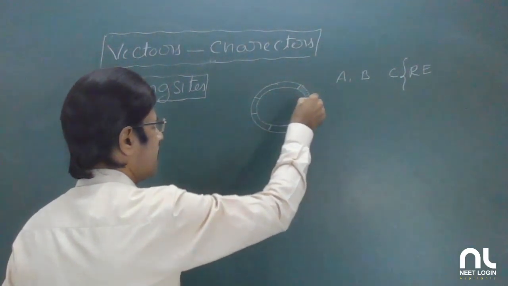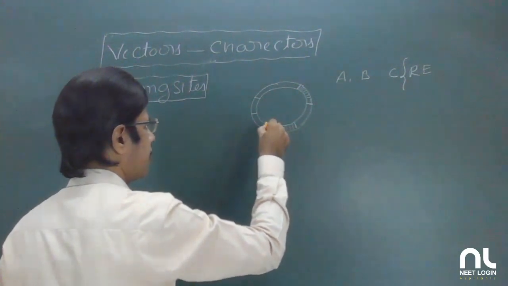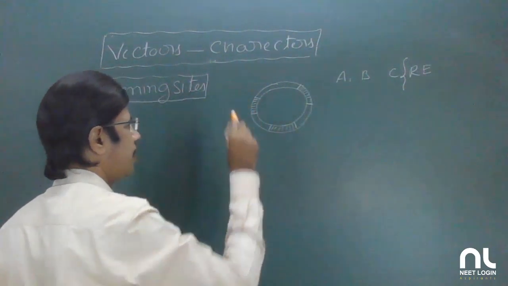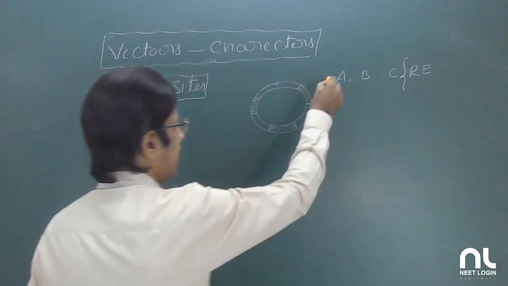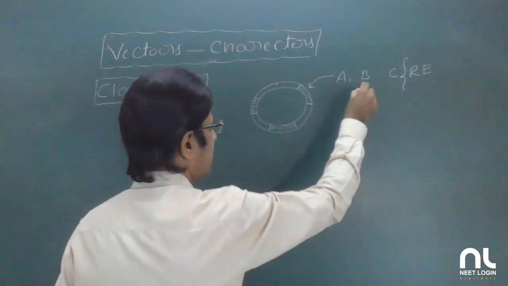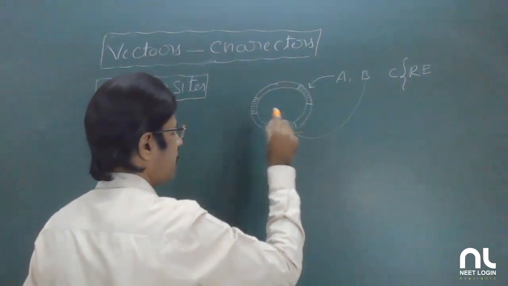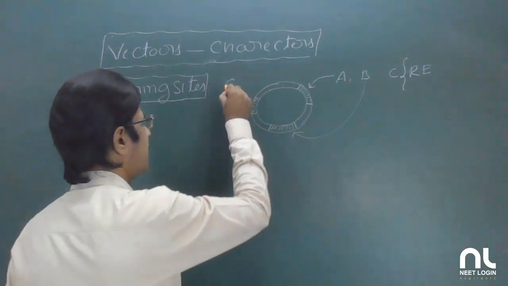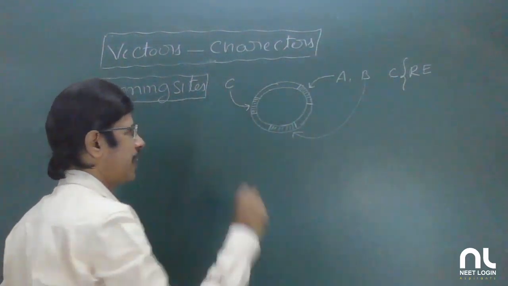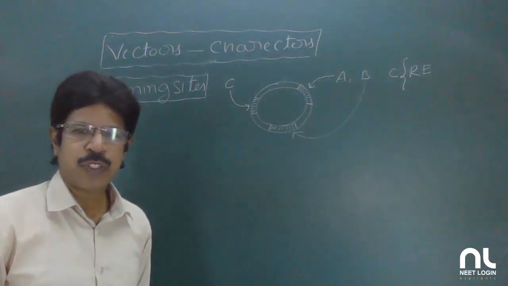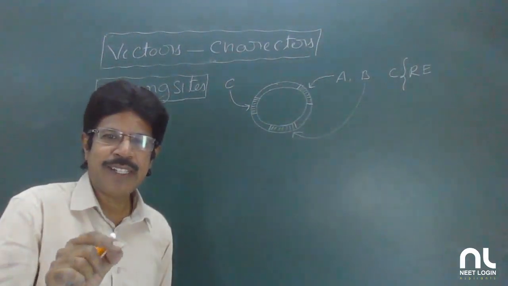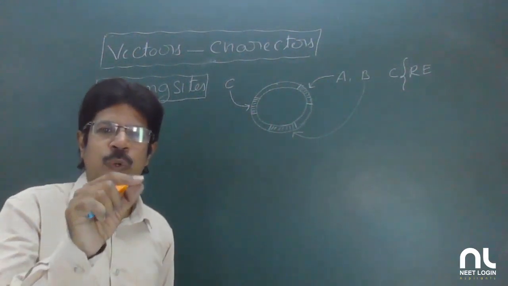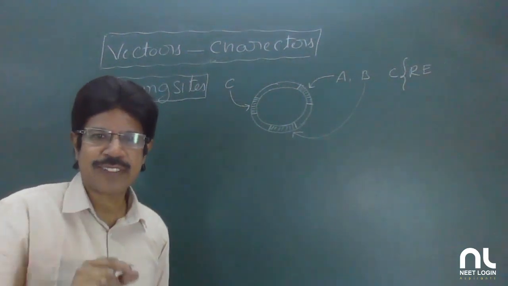Suppose it is one point. So, A is going to act on this point, B is going to act on this point, C is going to act on this point. So, each restriction enzyme at least has one cloning site, one restriction site.